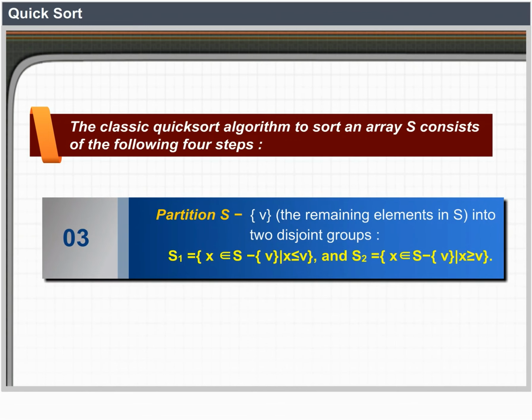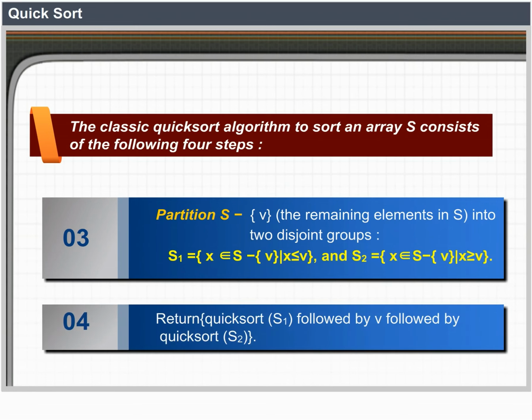Partition S minus V, the remaining elements in S, into two disjoint groups: S1 is the set which contains x belonging to S minus V such that x is less than or equal to V, and S2 is the set which contains x belonging to S minus V such that x is greater than or equal to V. Step 4. Return quicksort of S1 followed by V followed by quicksort of S2.